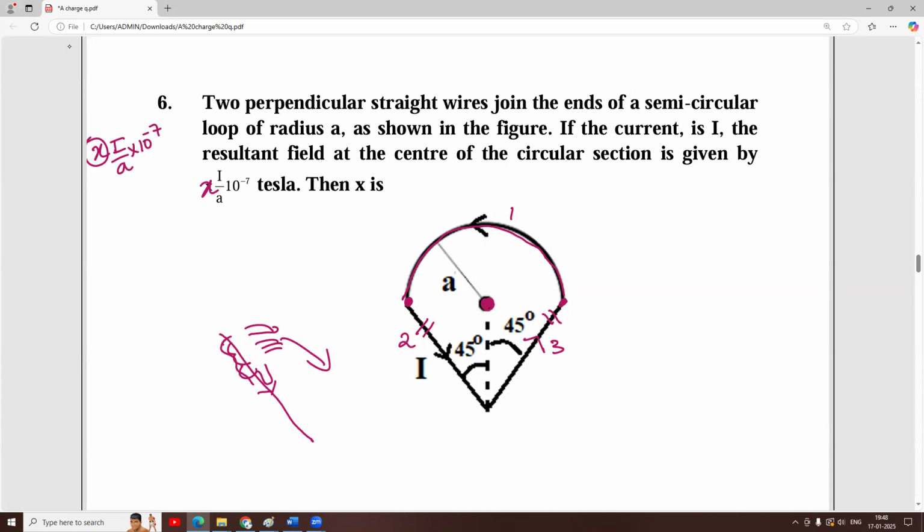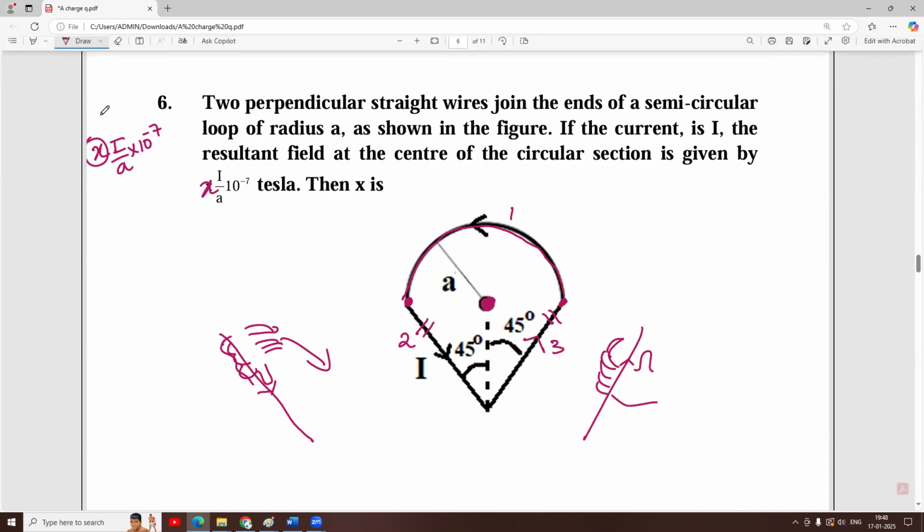Now clasp this conductor with the right hand. When you clasp this with the right hand, such that the thumb shows the direction of current, then the remaining fingers will come like this. So they will be coming out here in this part. So again, it will be outside.